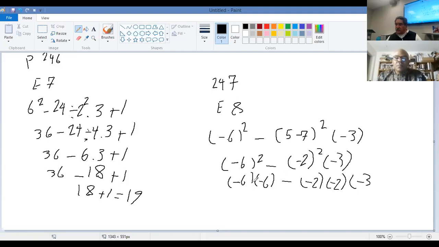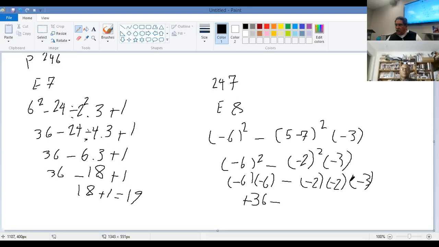Minus 6 times minus 6: two integers multiplying with the same sign, so the sign should be positive. 6 times 6, 36. Minus, here, minus 2 times minus 2. Let's do it from left to right.